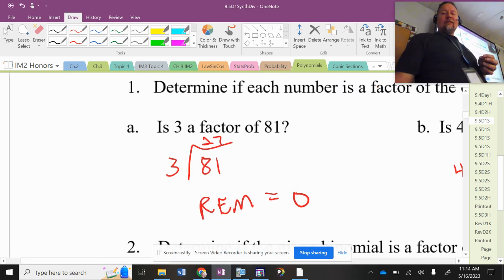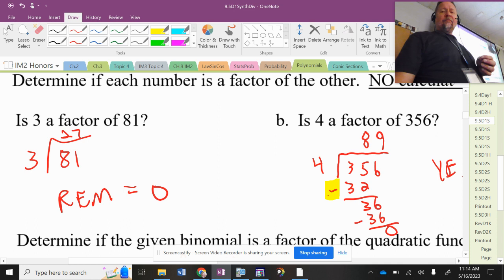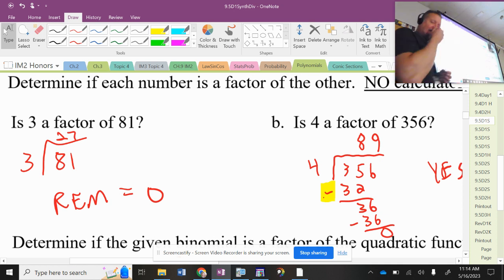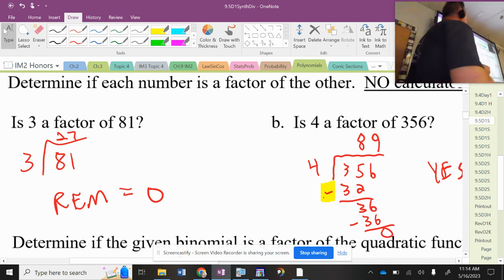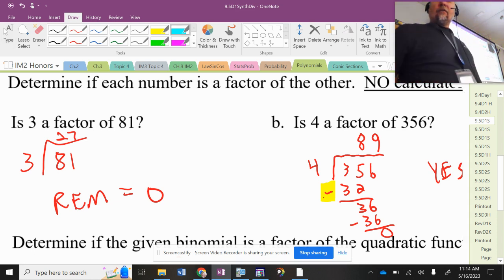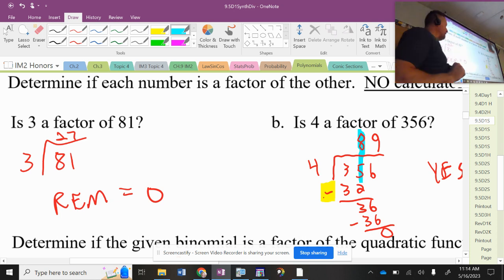All right. So the next one, if you want to remember the division algorithm, if you want to call it that, 4 goes into 356. 4 doesn't go into 3, but it does go into 35. And one thing I do want to note, too, is a good train of thought or a good idea. No, actually, it's demanded. 4 goes into 35 8 times, close.